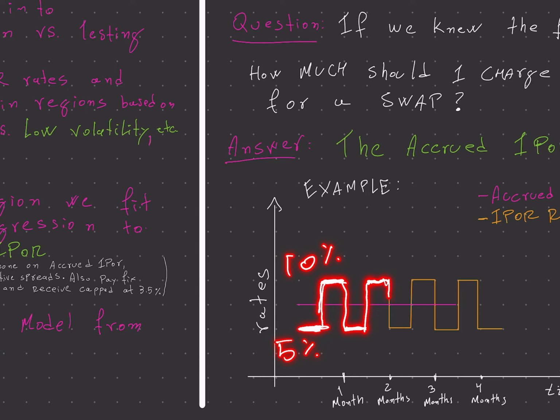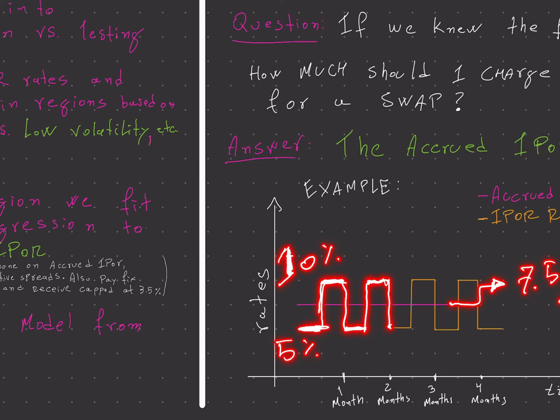And then it just keeps going on and on. With this in mind, it's very straightforward to see that the accrued IPOR, the compounded rate over the whole period, would be just the average: 2 weeks at 5%, 2 weeks at 10%. Let me make this 10% better.